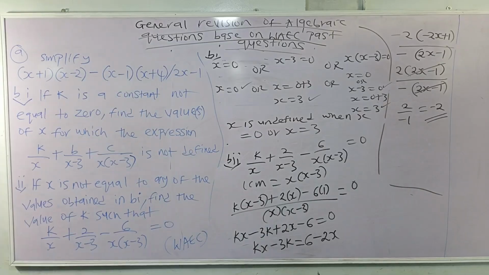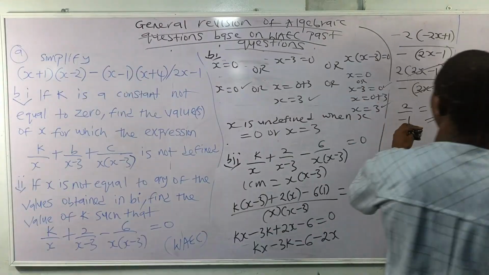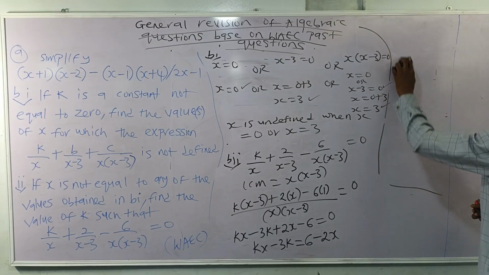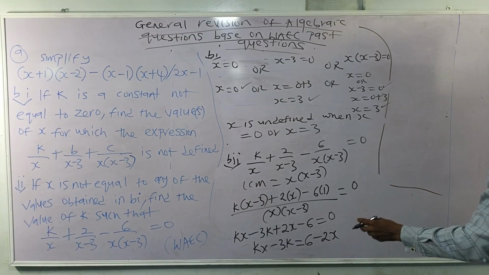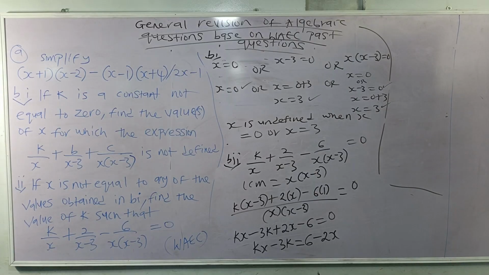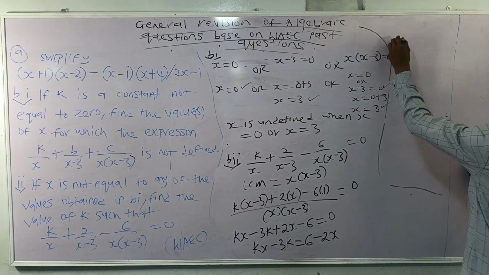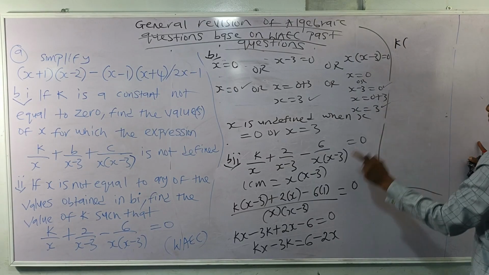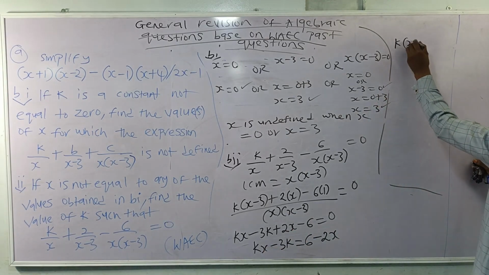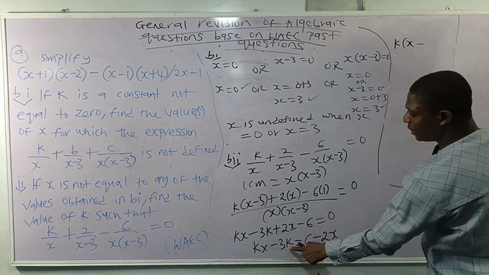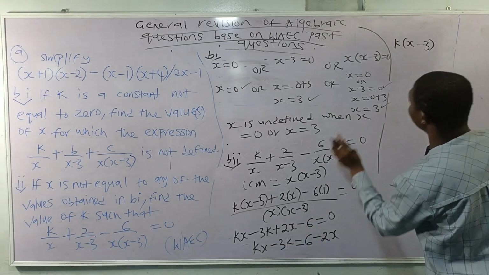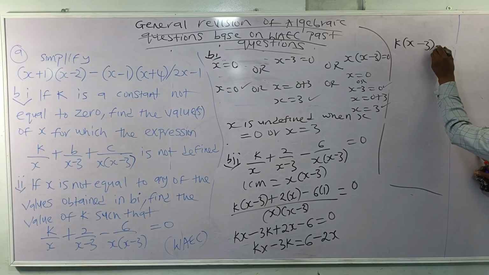So therefore, what's common here is k. So I'll have k bracket kx divided by k will give me x, minus 3k divided by k will give me 3. So k times x, kx, and k times 3, 3k.